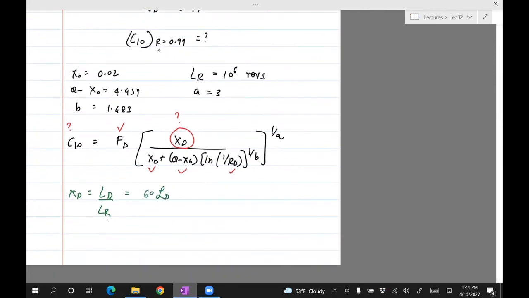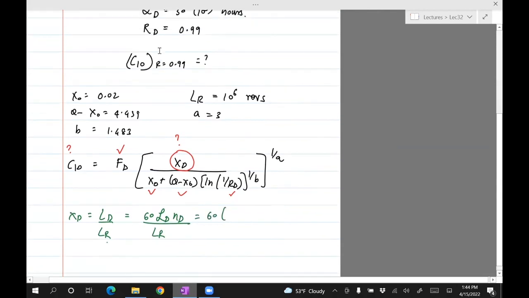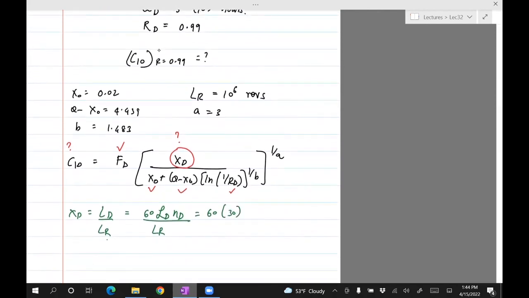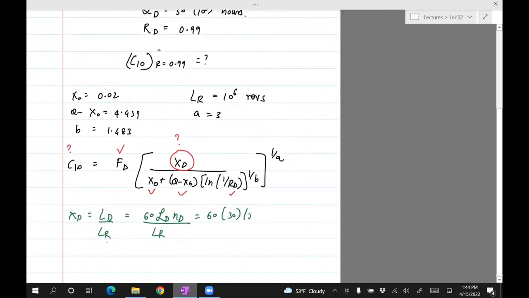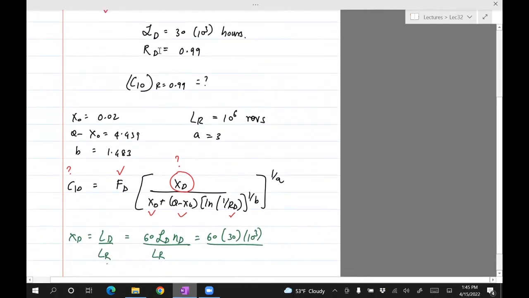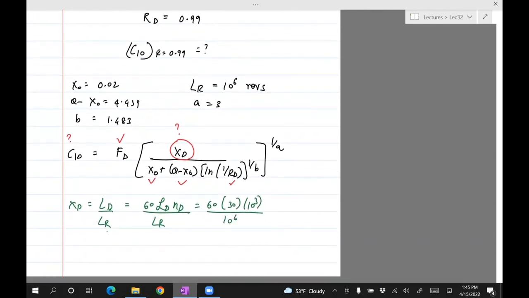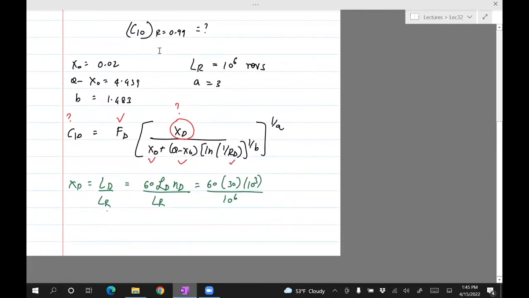It's 60 times LD times ND divided by LR. So 60 times 30 times 10 raised to 3 divided by LR, 10 raised to 6, and that comes out to be 540. So now let's sub that in the first equation.